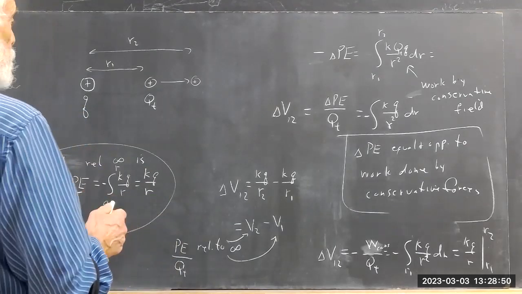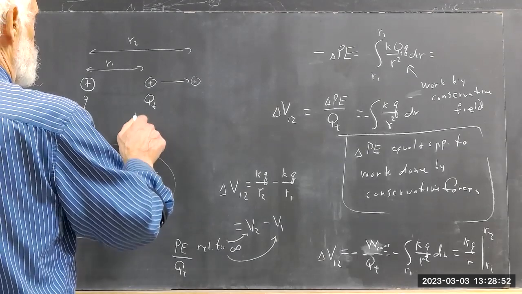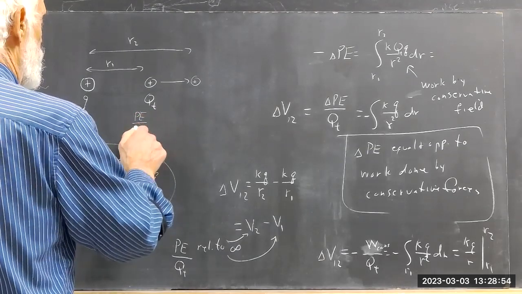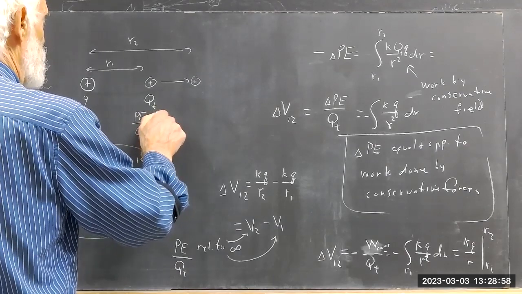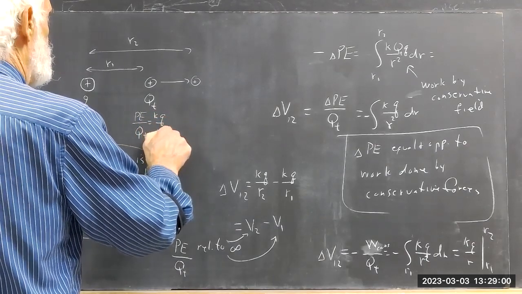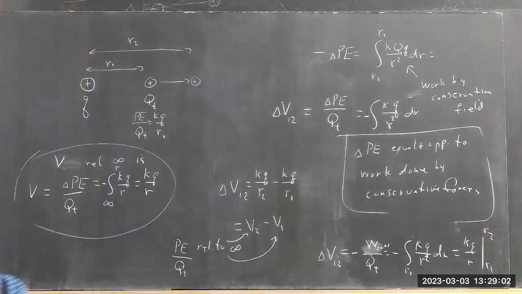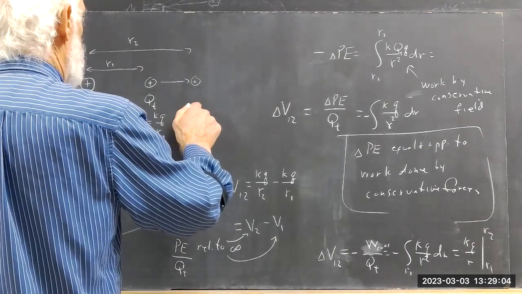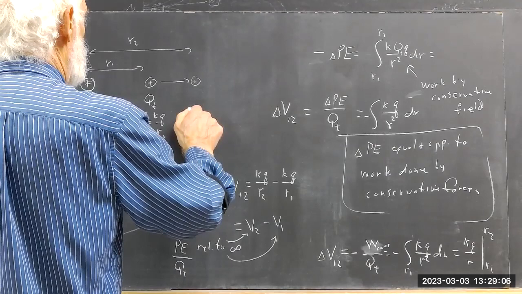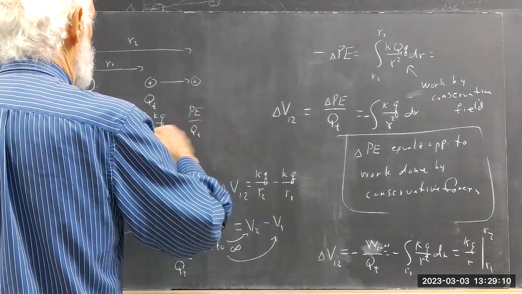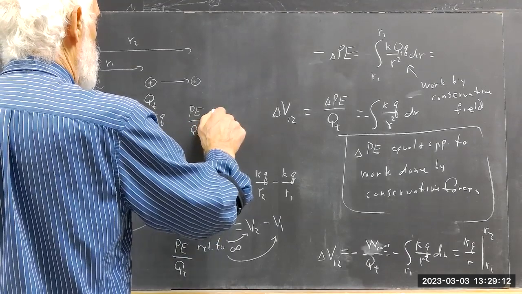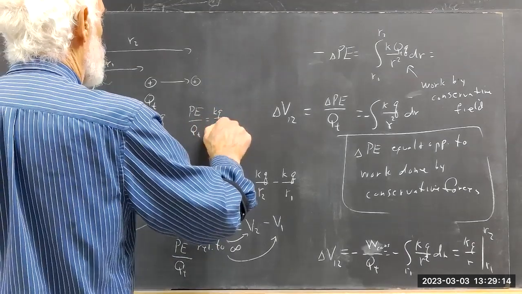I'm talking about potential energy per unit of charge. Here it's KQ over R1. Here, the potential energy per unit of test charge is KQ over R2.